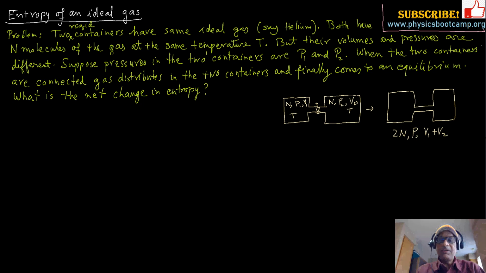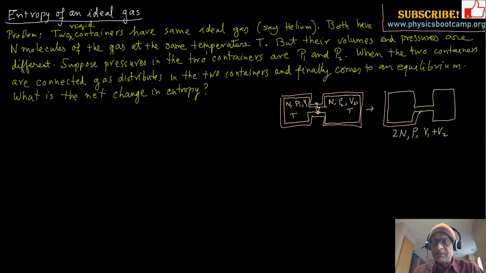So physically, what's happening is you have these two containers, and there is no flow between them, and you can consider this to be completely insulated from outside, so these are the only thing we are thinking about.